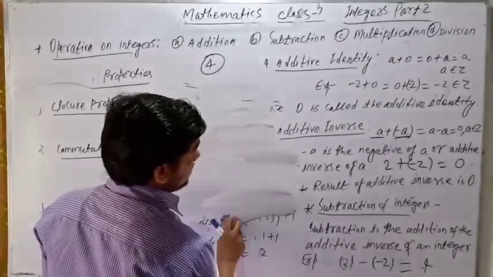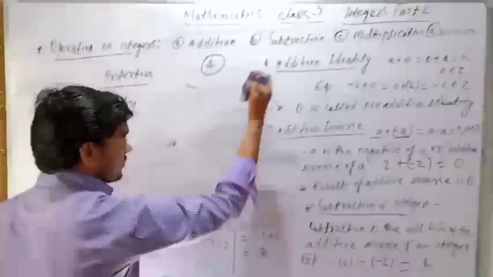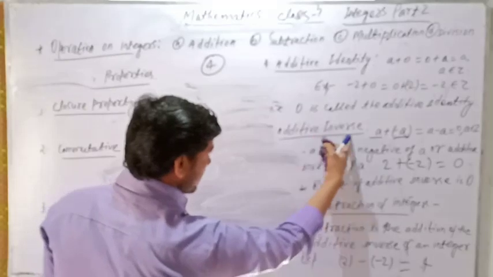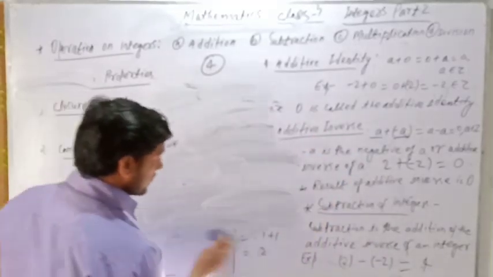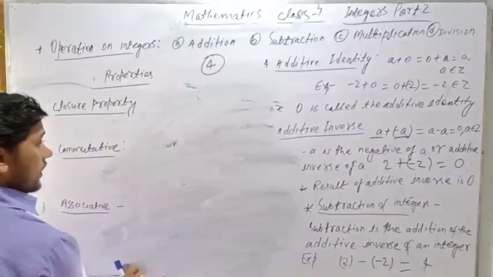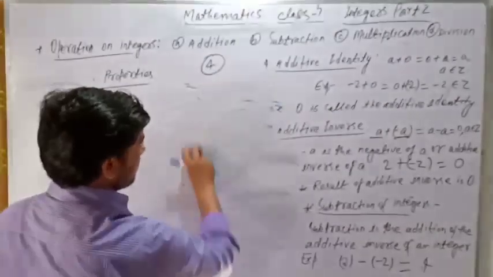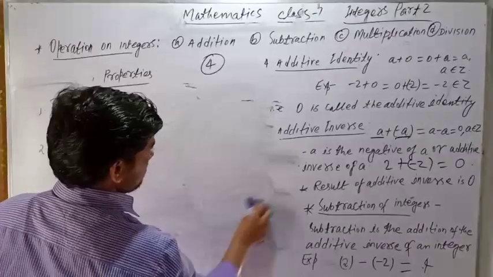Instead of additive identity, multiplicative identity; instead of additive inverse, multiplicative inverse. Additive inverse means negative of an integer.